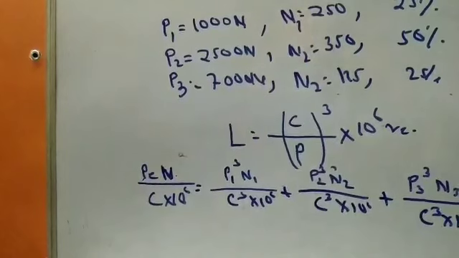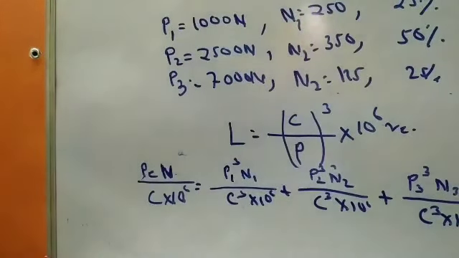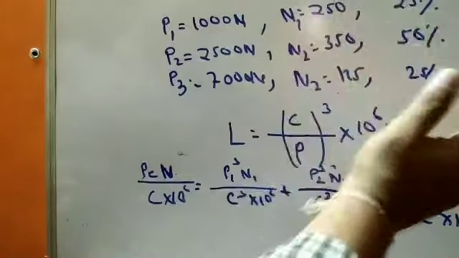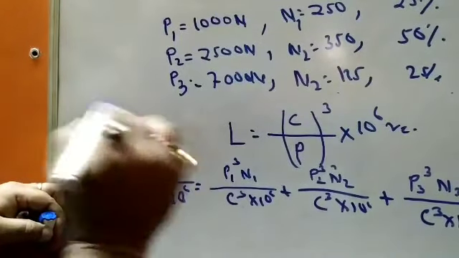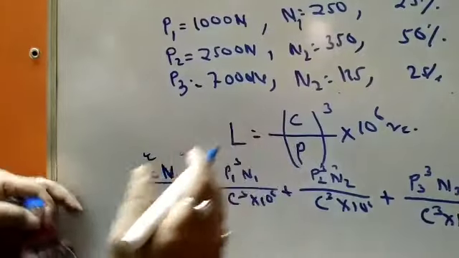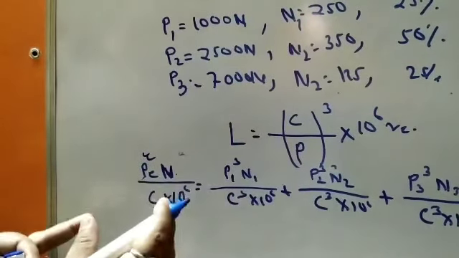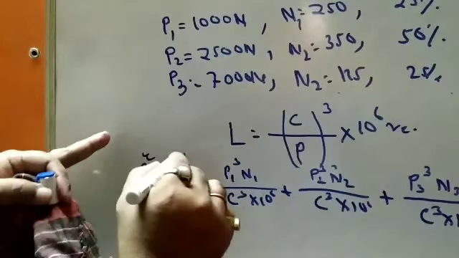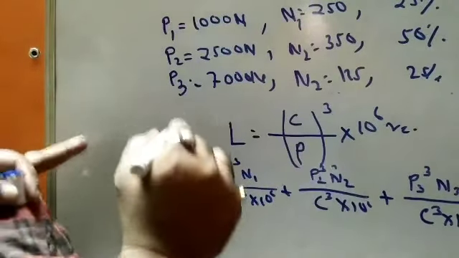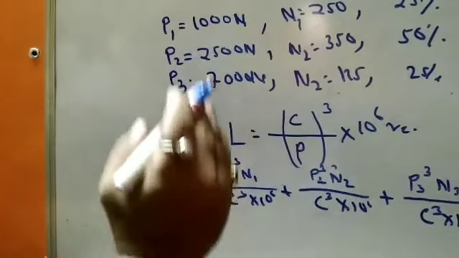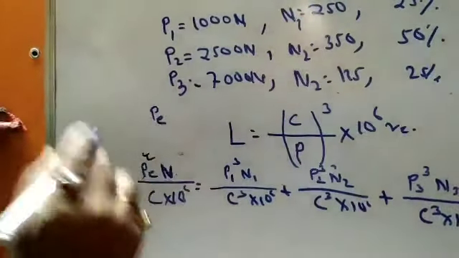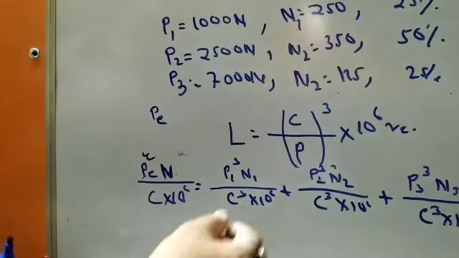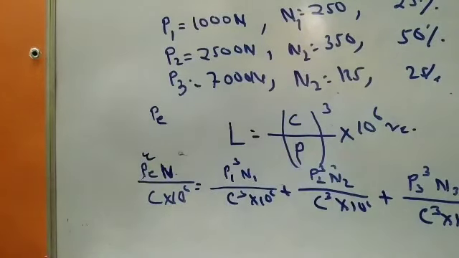Now you see this equivalent load. We are assuming that the total cycle has been completed by this equivalent load PE, and it takes N number of revolutions to cause the failure of the bearing, the same as what each and every individual load causes. So the equivalent load causes the same failure effect as caused by P1, P2 and P3 for different RPMs.